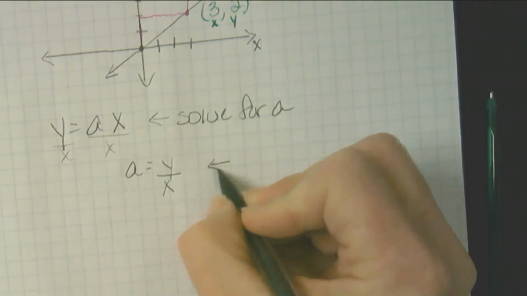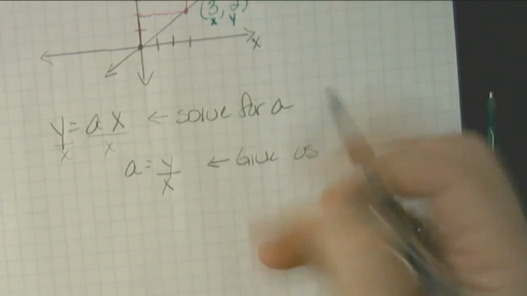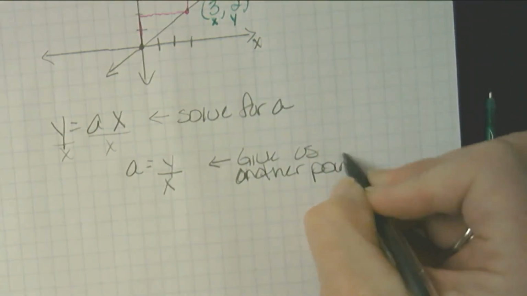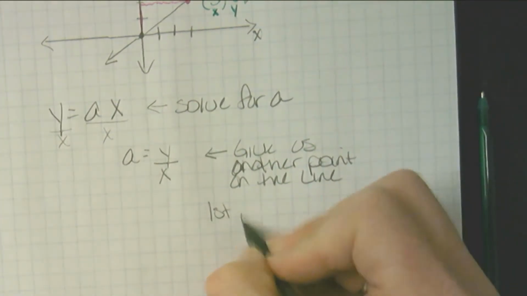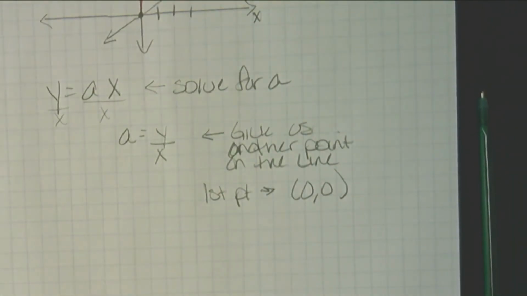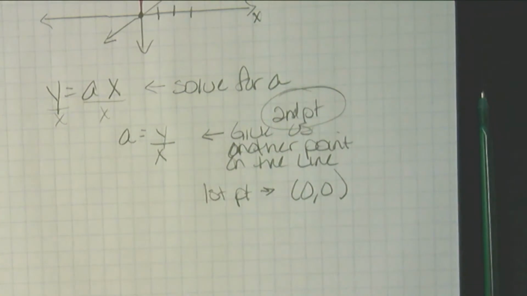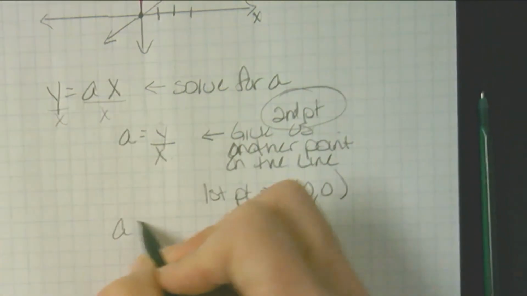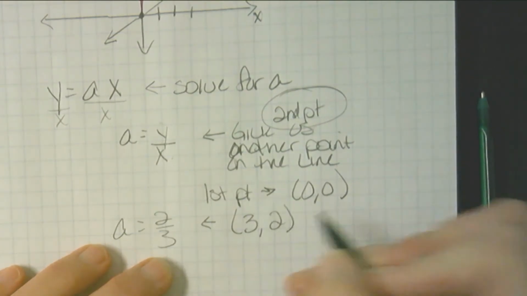So this a value gives us another point on the line. So our first point is always 0, 0. This is our second point. So whatever our a is, that is the coordinate point. So when I had a is equal to 2/3, my coordinate point is 3, 2.